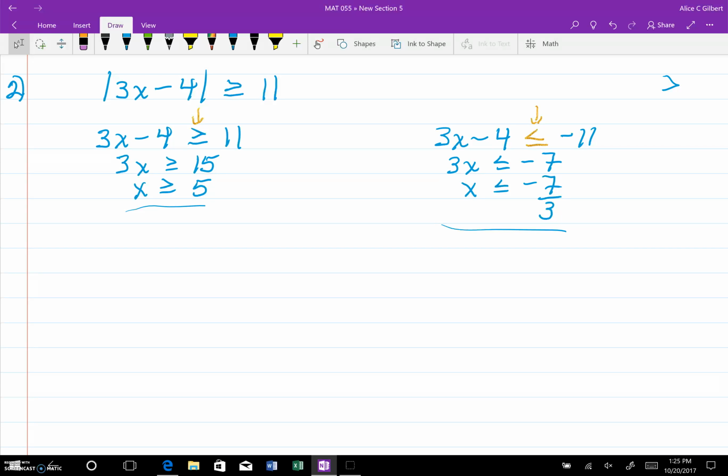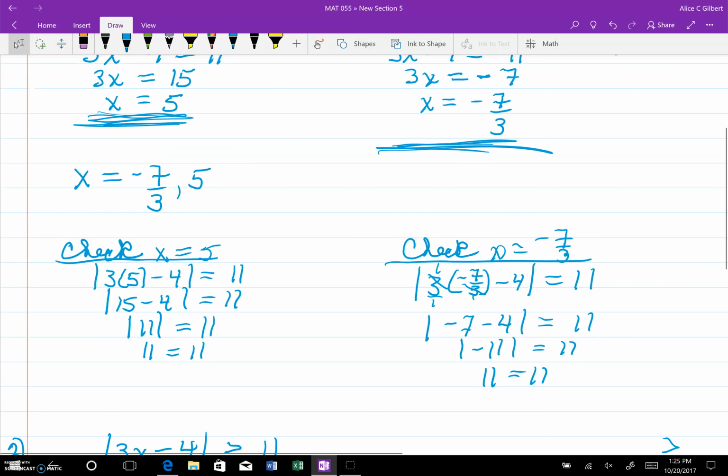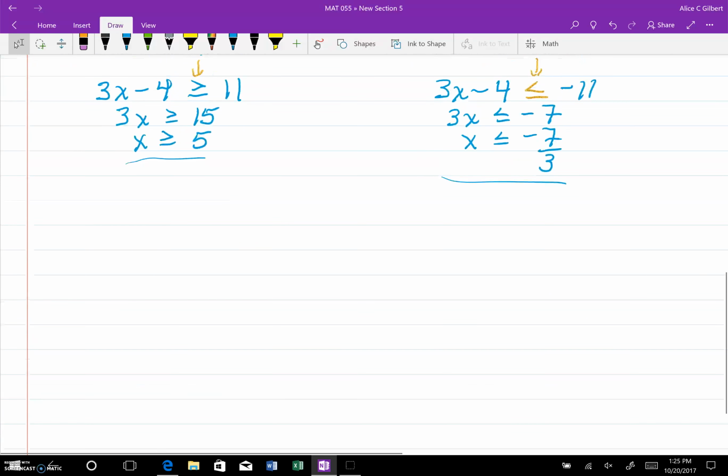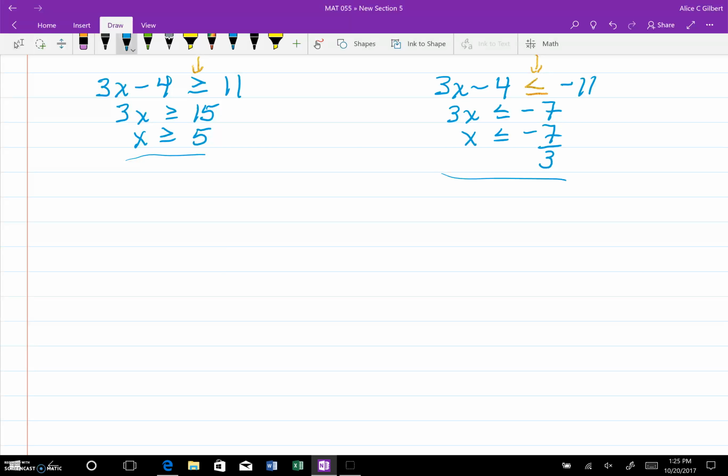The two ways I'm looking for answers is either just this, x equals, and then for everything else, I'm looking for a graph and interval notation.